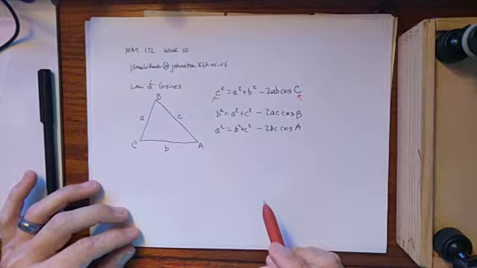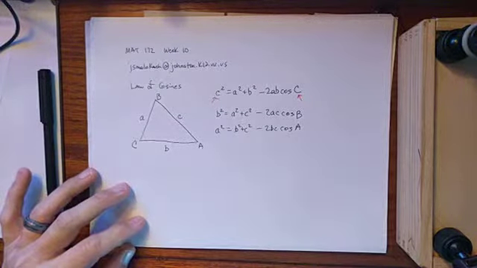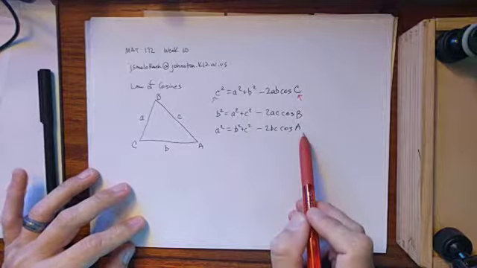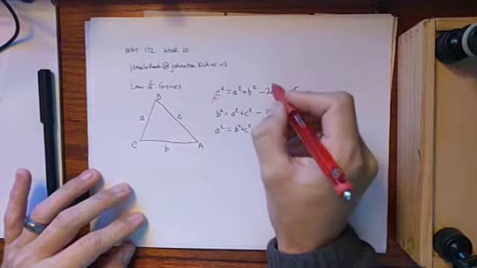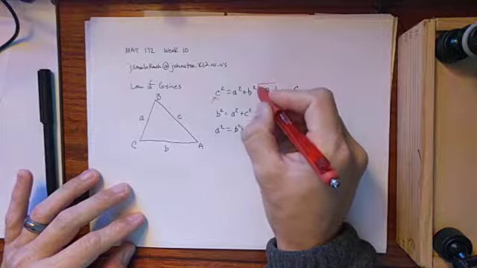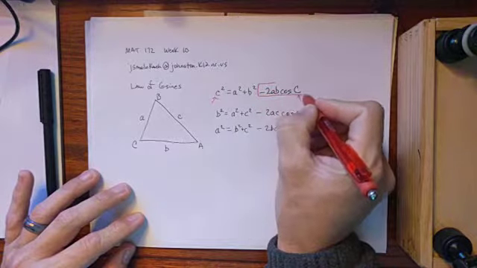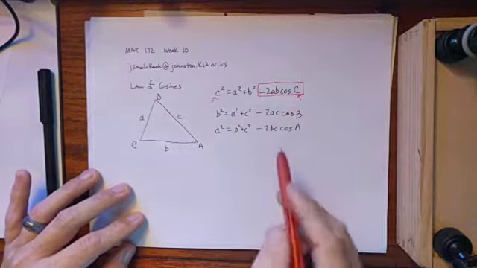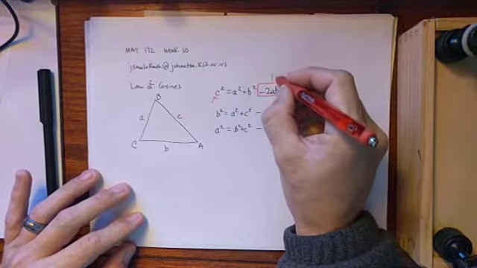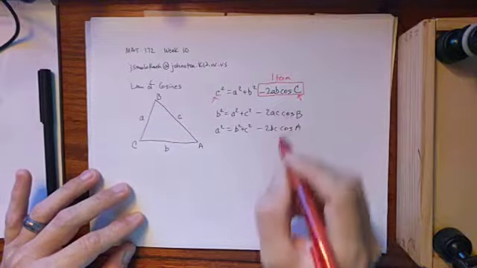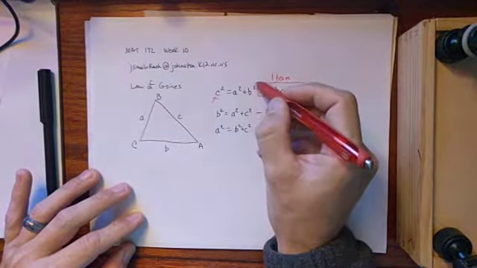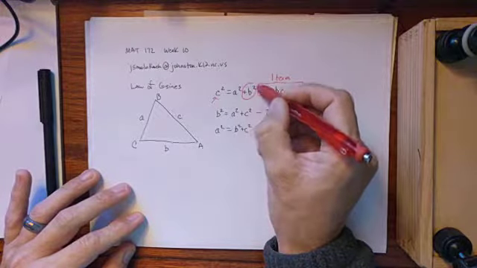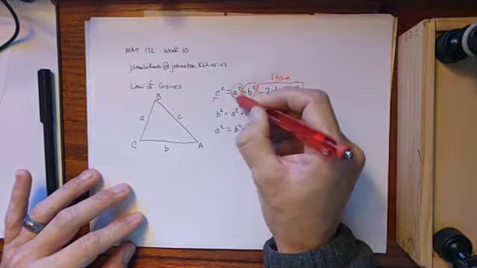Another thing to notice is that there are three terms on the right side of this equation. As big as this is, it is one term, so is this, and so is this.